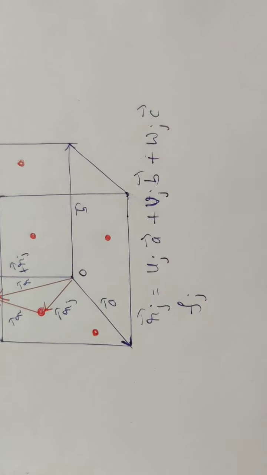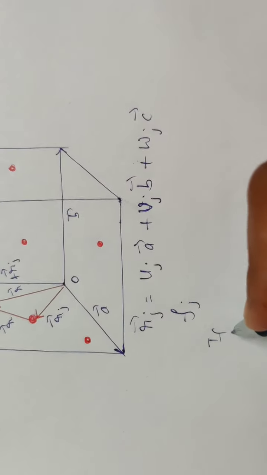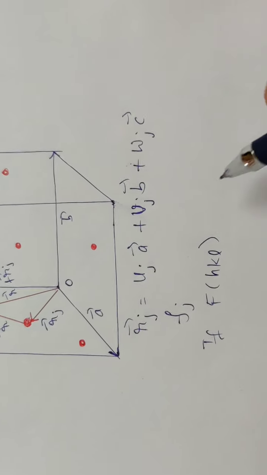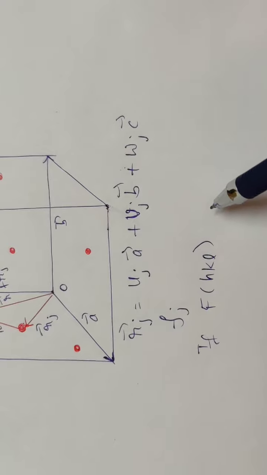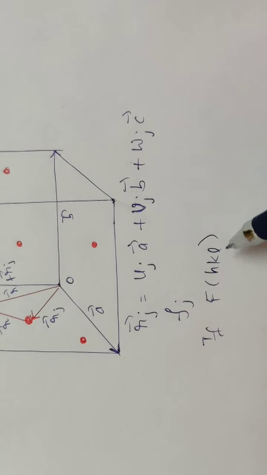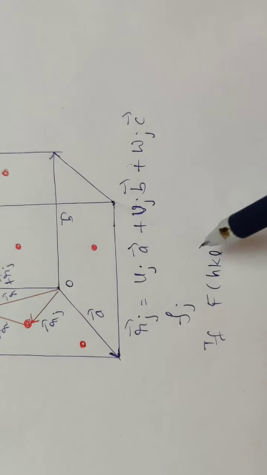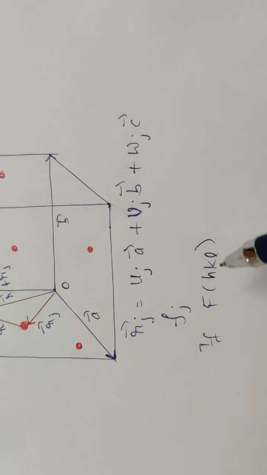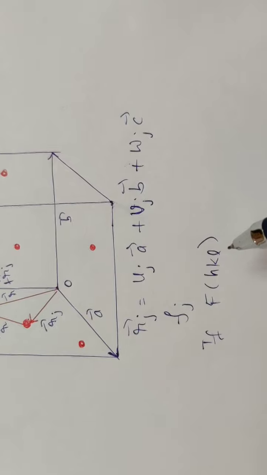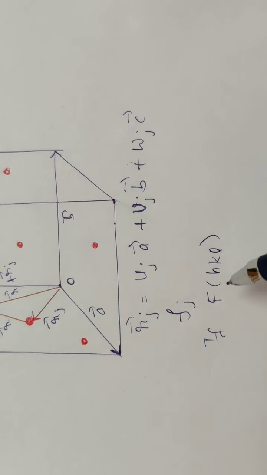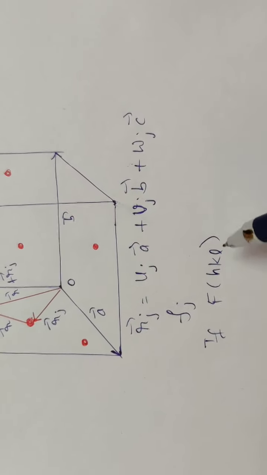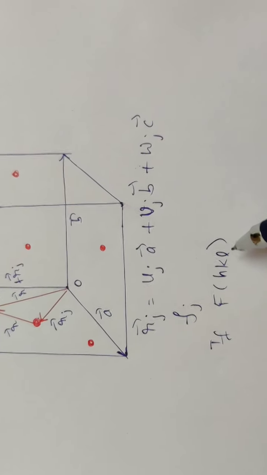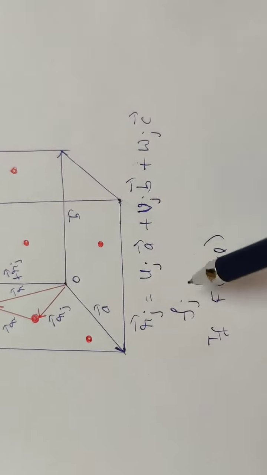Now if F hkl denotes the amplitude for this particular hkl reflection, then this F represents the total scattering amplitude. fj is for the jth atom and F is the total scattering amplitude for the hkl reflection.